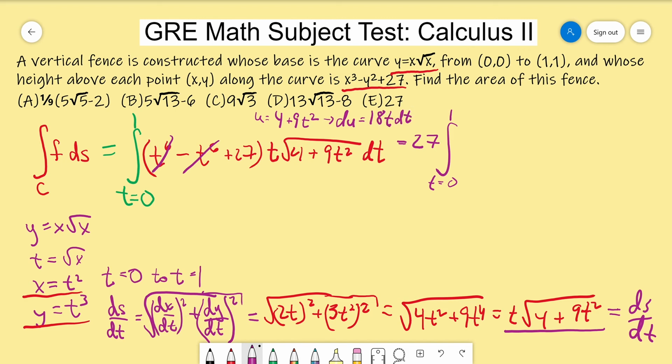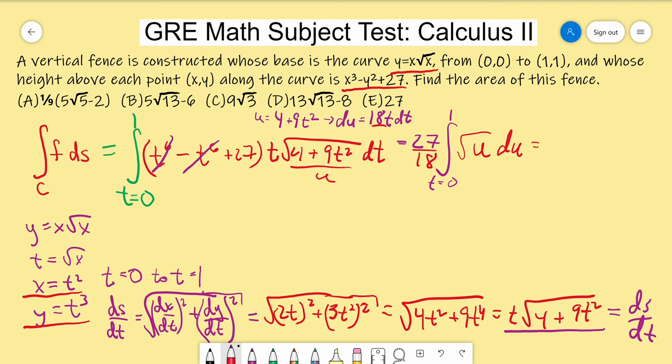That way the t's will cancel out, and our integral is going to be 27 over 18 from this 18 here. The t is going to cancel out with the t, and we end up with the square root of u, du.